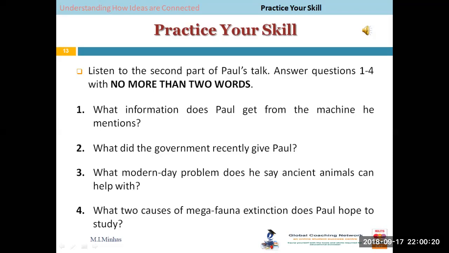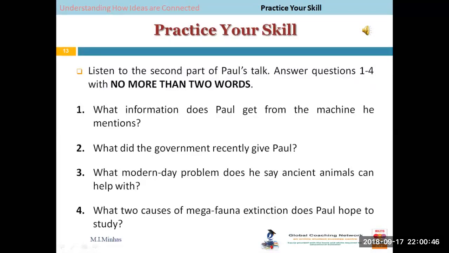Actually, he's telling us how paleontology works. It's not only about taking the fossils. The best thing he describes about this work is that they can turn the fossil into really useful information. For that, they run the fossil through a special machine.